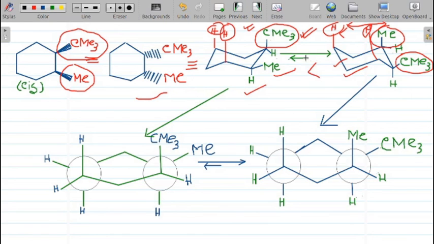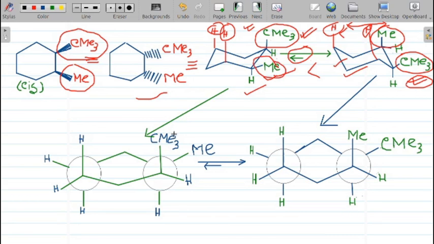In the equilibrium, more of this type of chair conformation is present, and this one is present in a lesser amount, where the tert butyl group is at the axial position and the methyl group is at the equatorial position.